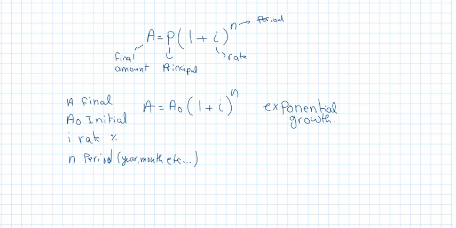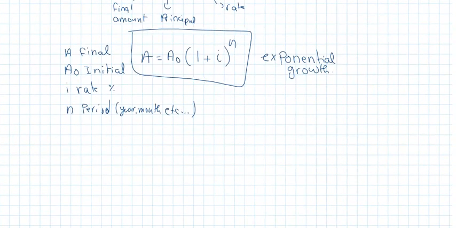For an exponential decay formula, so when we are decreasing, you guys should know this from the previous year. Right? Again, I probably use different letters, but it doesn't matter what letters we use, it's the same idea. So with the exponential decay, it's A equals A naught (1 minus i) to the power of n. Right? Still, I'm talking about the same letters.